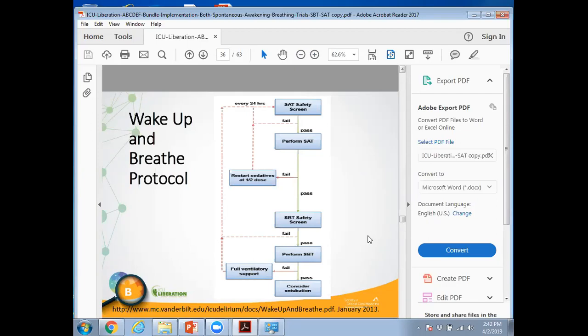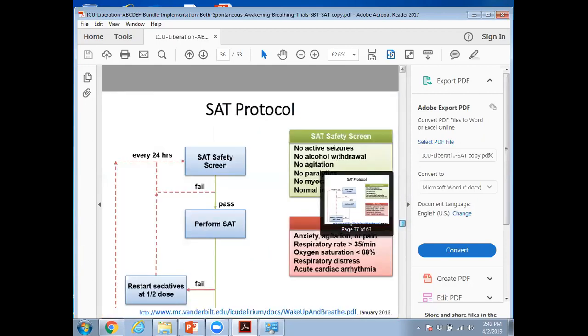Each unit should come up with their own protocol for implementing SBT and SAT. For example, this is an example of a SAT protocol. Just make sure the patient doesn't have active seizures, no alcohol withdrawal, no agitation, no paralytics, no myocardial ischemia, no intracranial hypertension. If he has none of these, then sedation can be stopped.